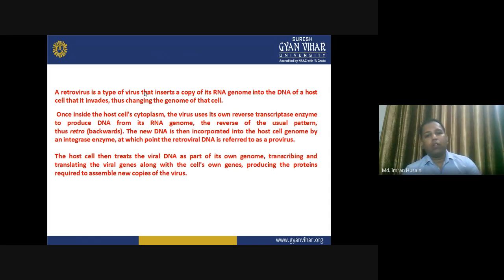Because the host cell is not aware of what has already taken place, it thinks that this part of DNA is completely part of its own cellular genome.